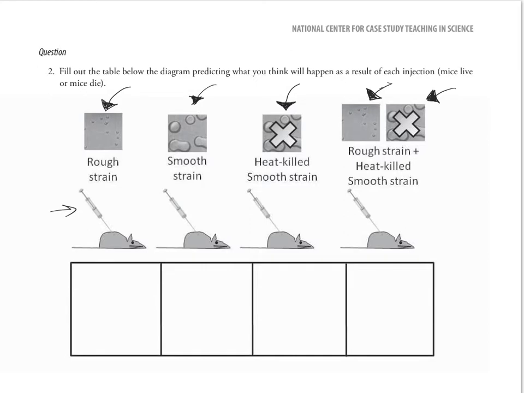What would happen? Predict it. Do it now, because if you don't, it's not going to be possible for you to really understand the meaning of what's going on. What's going to happen with each of these? Decide, alive or dead, for each of the results after you've injected them with these three samples.